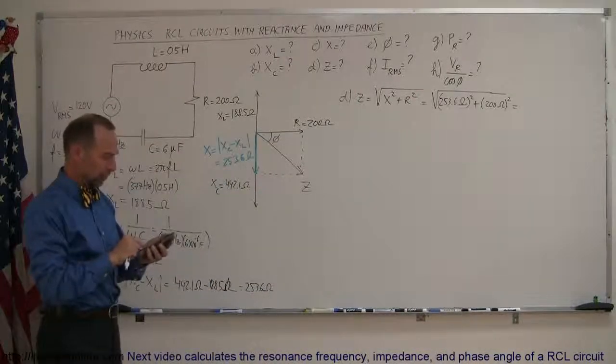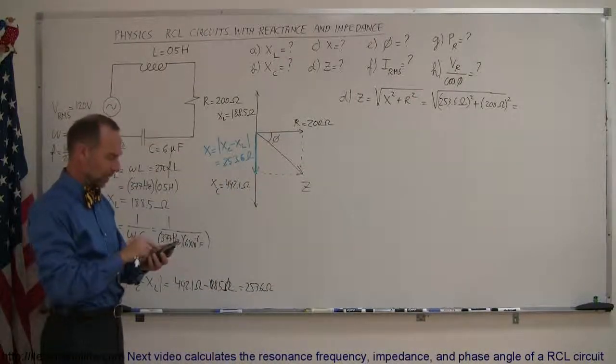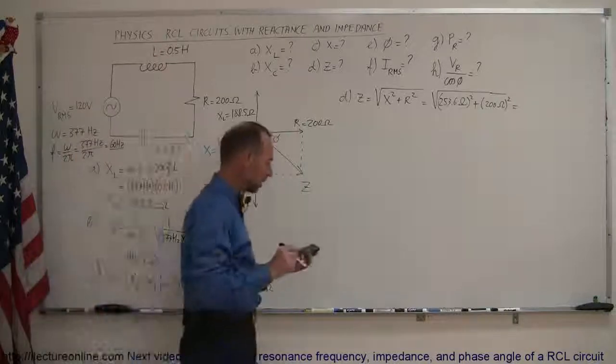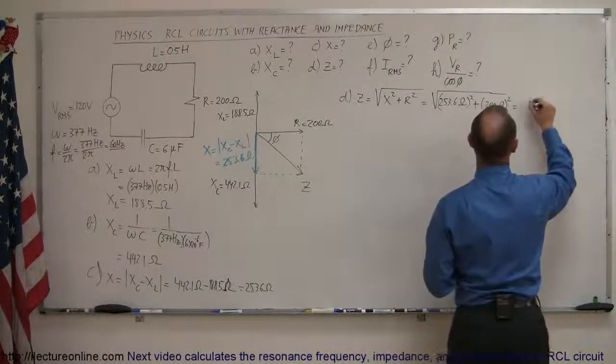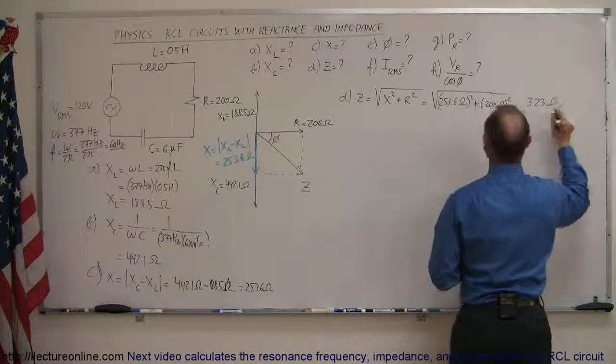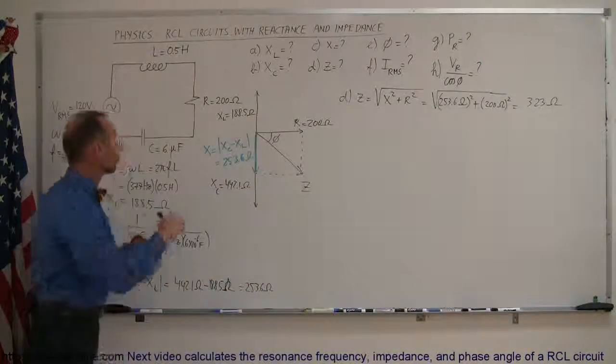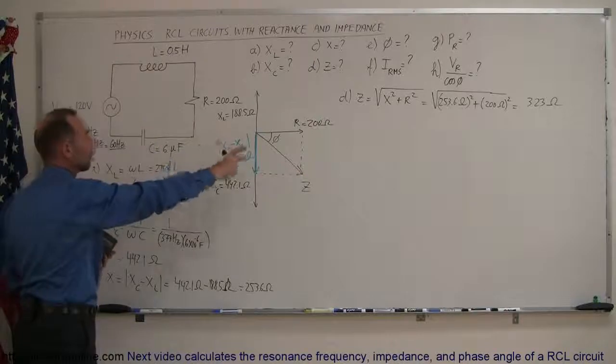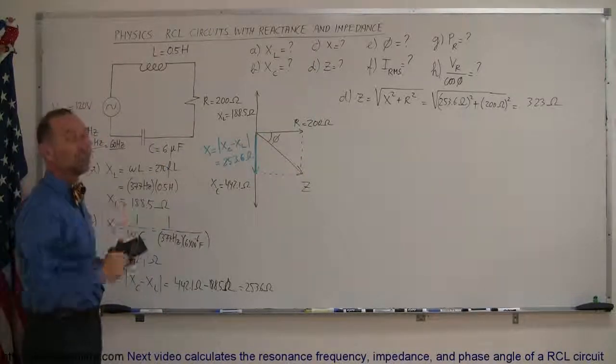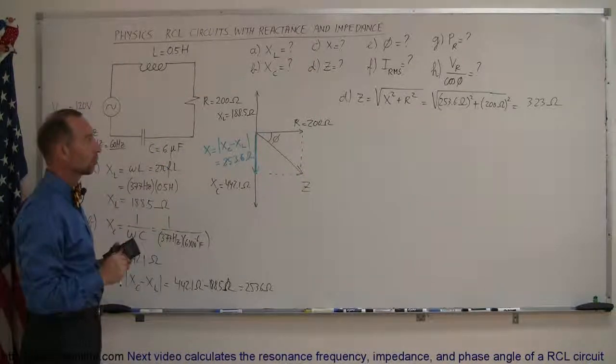So we have 253.6, we square that, plus 200, we square that as well, add them together, take the square root, and we get 323 ohms. And that is the total impedance of the circuit. So the total opposition to current flow from the circuit can be found by finding the impedance. In this case, is 323 ohms.